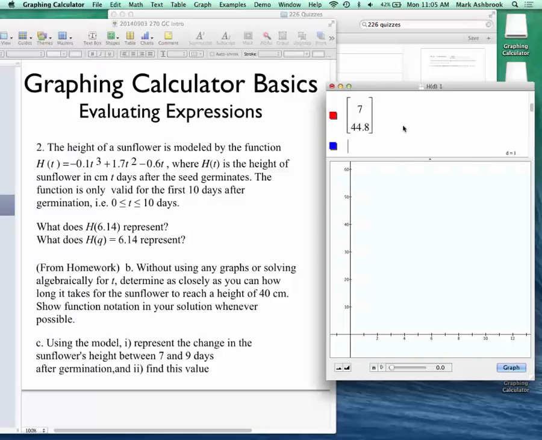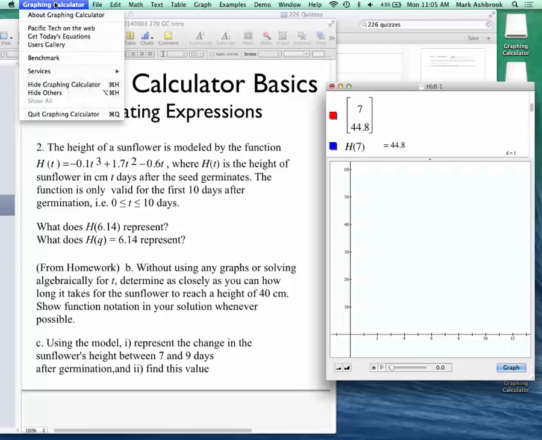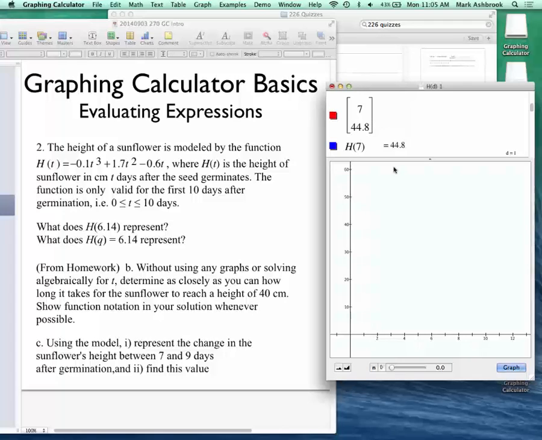Let's do something here. H of 7. Oh, wait a sec. Maybe I picked a bad example. Let me do 7.5.